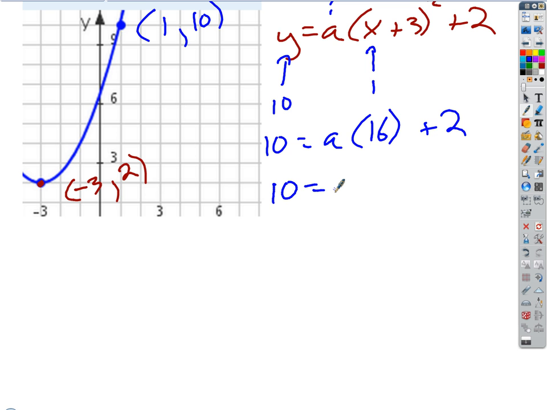So really, what helps is to write this properly. So 10 equals, how would I write a times 16? 16a. Now it's obvious, right? Now what do you do? Subtract 2, divide by 16. So we're going to get a equals 10 minus 2 is 8 over 16, which simplifies to 1/2.